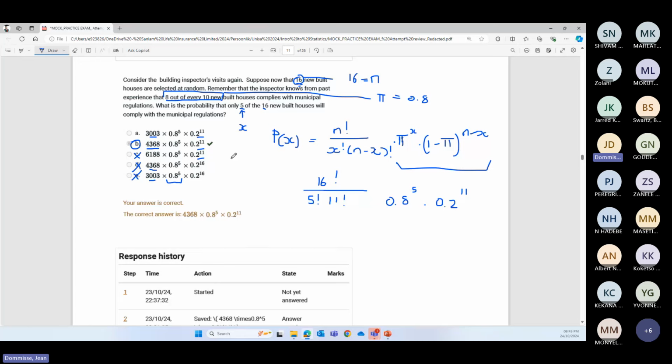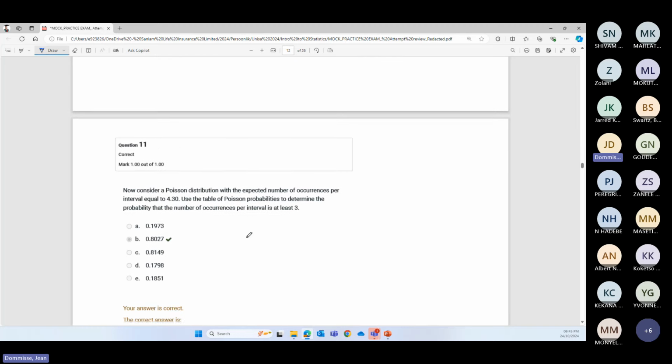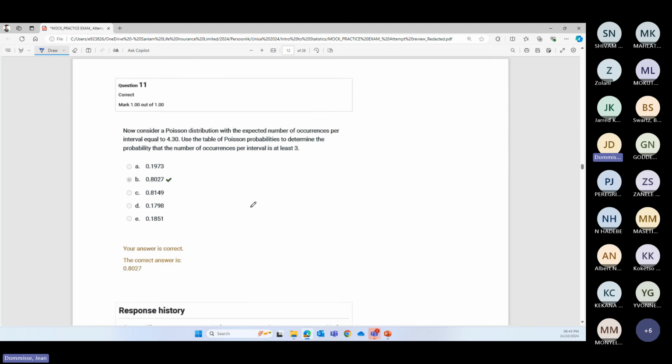Okay, so also important nearly is if I ask the binomial here, just remember that they can ask the Poisson as well. So the Poisson also has a formula that can be asked.